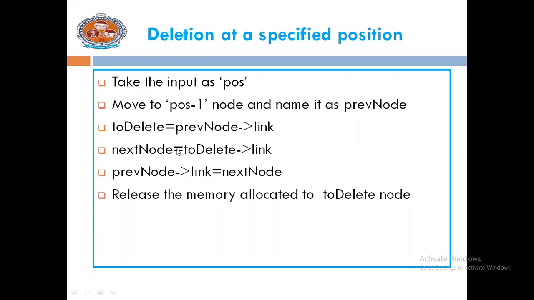Whenever we delete a node, the previous node must map to the next node. So the statement is previous node of link equal to next node. Finally, release the memory allocated to the to delete node. So here we are deleting the node at the given position POS.